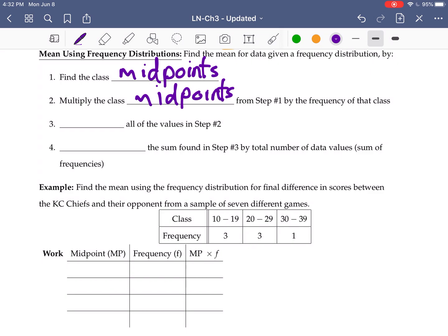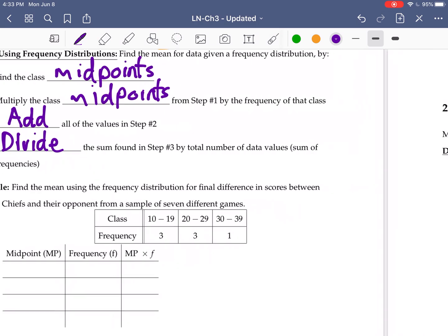So we find the midpoints, and we multiply the midpoints by the frequency associated with that class. Then we add all of those values that we found in step 2 together. And finally, we divide the sum found in step 3 by the total number of data values.